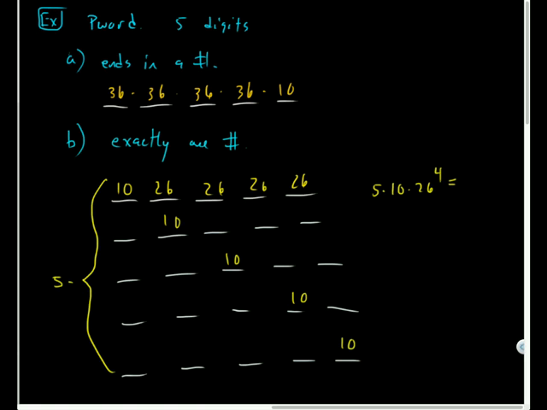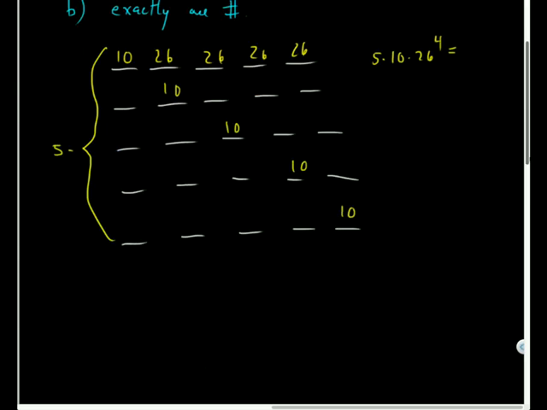Let's see. I think I've got one more thing for us to consider, which is permutations. A permutation is an arrangement of objects in which order matters.